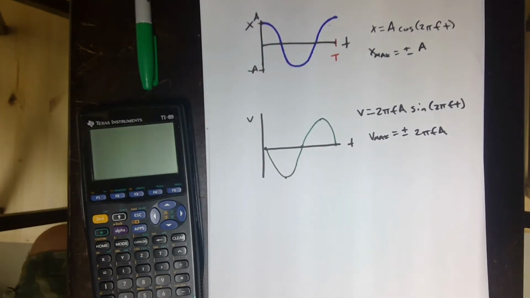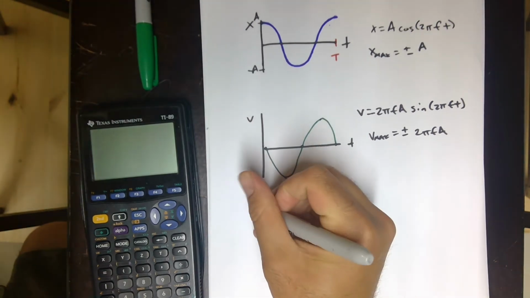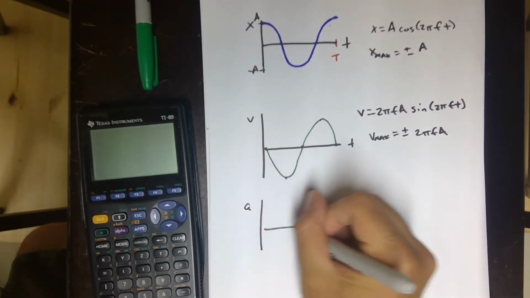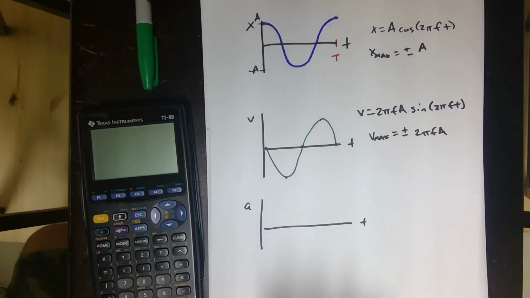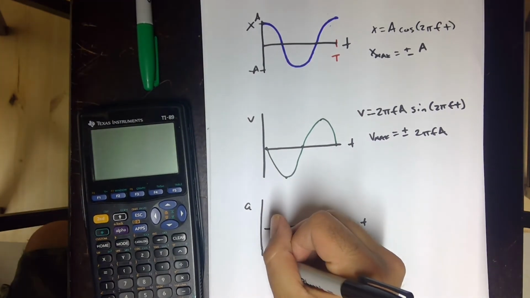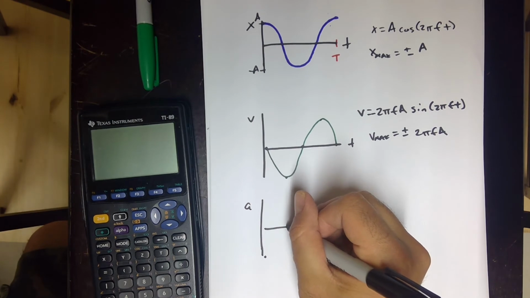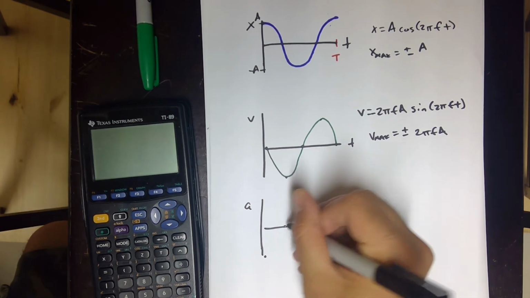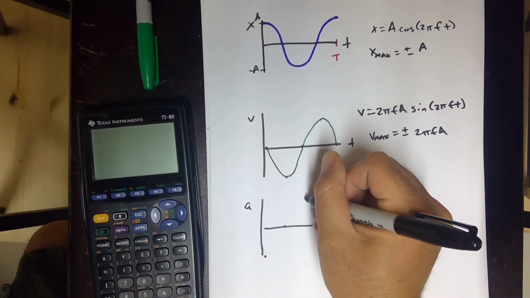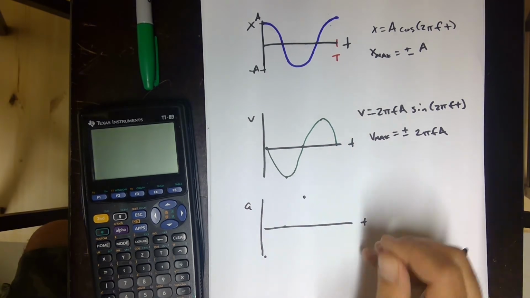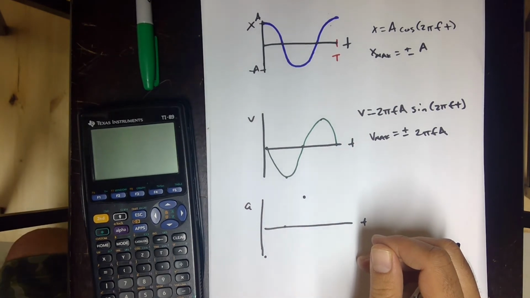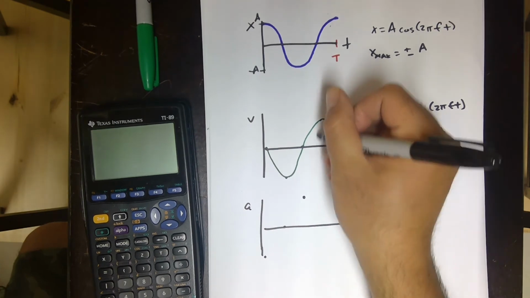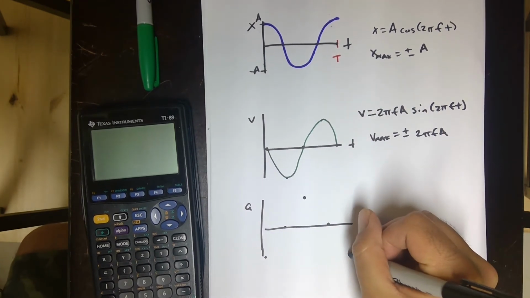So based on that, we can look at our acceleration as a function of time. And what we saw is that initially it's pointed to the left at its most negative value, right about there. And then once it hits the equilibrium point, it's at 0, then once we hit the maximum compression, it's at its most positive value. Then it's at 0 again, and then it's at its most negative value.